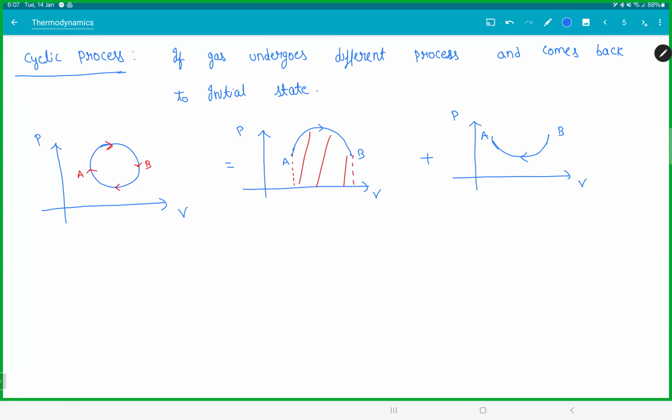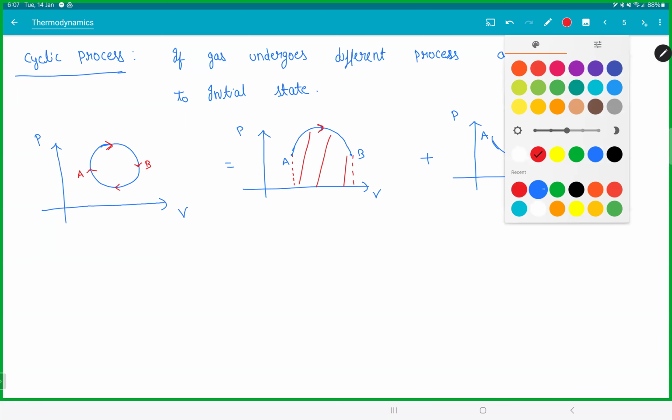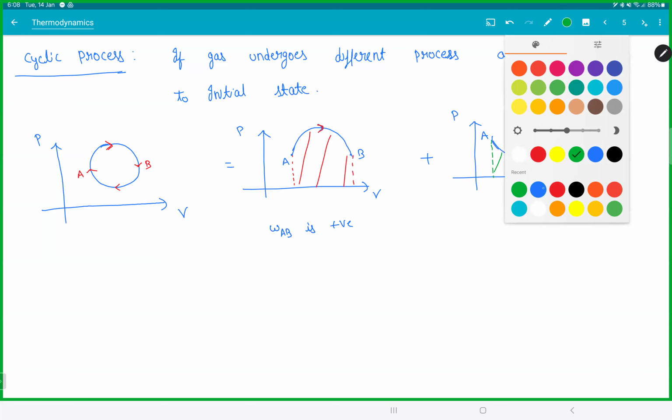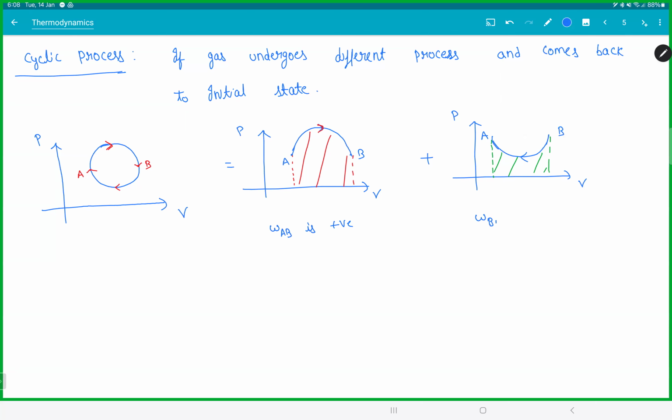Is this positive or negative? Look at the arrow. Arrow is going from left to right. So in this process, the work done from A to B is positive. What about B to A? B to A, the area under the graph is this area, isn't it? And work done from B to A is negative. Is that making sense?